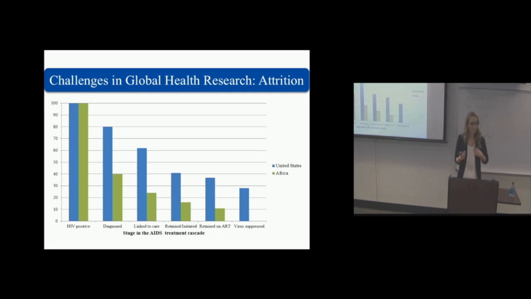It's a bubble of a person, of a cohort, right? So what we find among these people is probably not generalizable to the rest of the cascade, particularly those that we started with. So attrition affects studies in the US. Those blue bars are the US, the green bars are Africa. The attrition drop is even more dramatic.